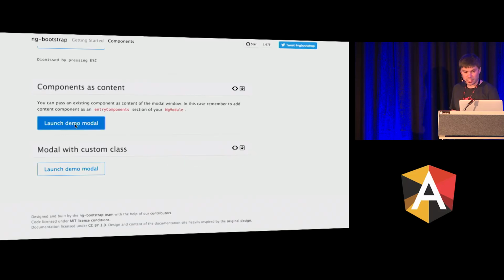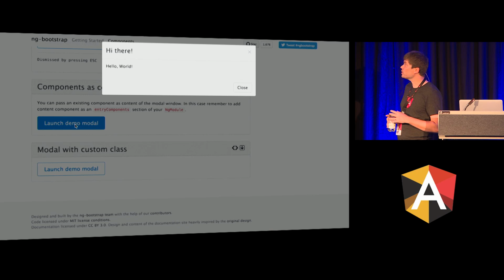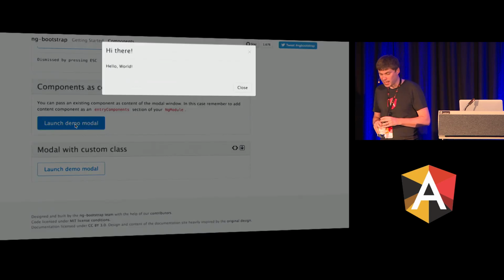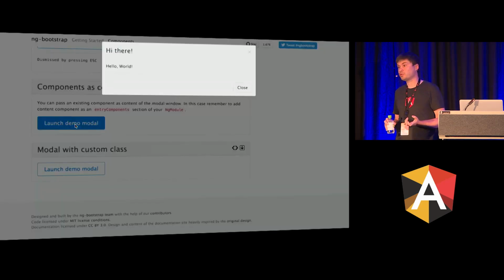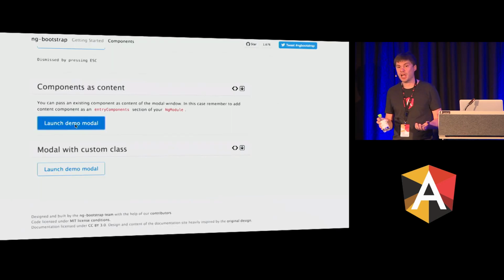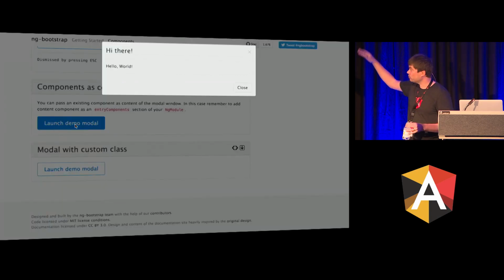But there are use cases, and I guess this is the most prominent one, where we want to insert DOM nodes, or entire views, from a service. Implementing modals as a service makes a lot of sense because there are use cases like authentication, for example. Let's say I've got the authentication service, and when the user is not authenticated, I want to open a modal window and make sure that the user sees some UI.